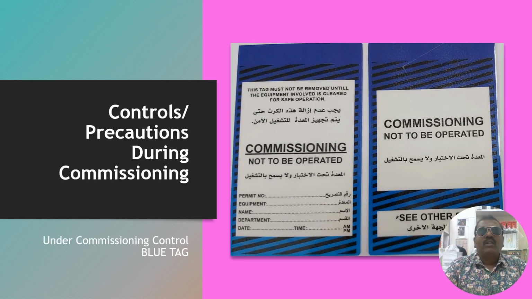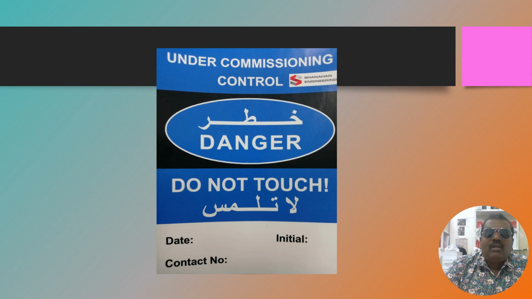So here, what is this? As I said previously, once the system is handed over to commissioning, there should be a unique color of identification stickers displayed on the panels, the motors, or whatever is in the locations. These are a few examples.